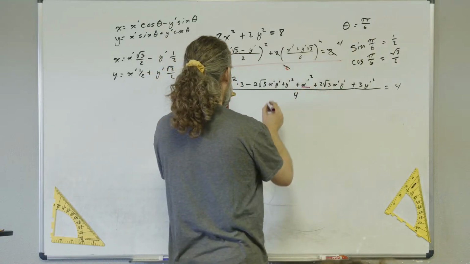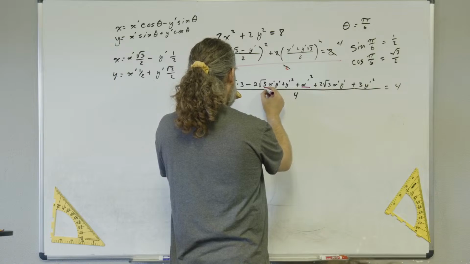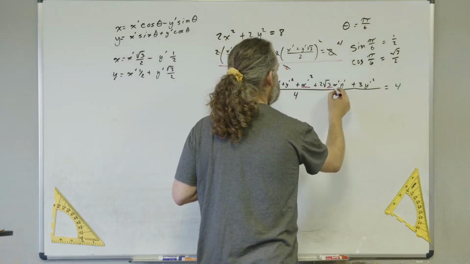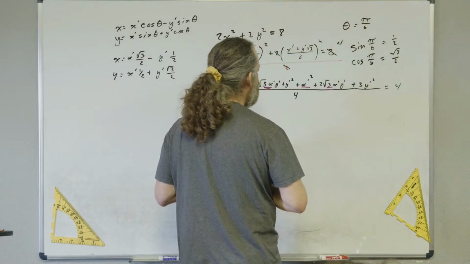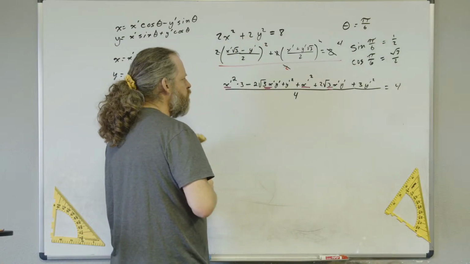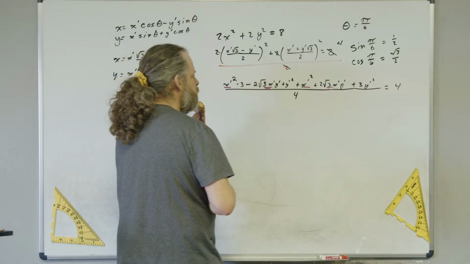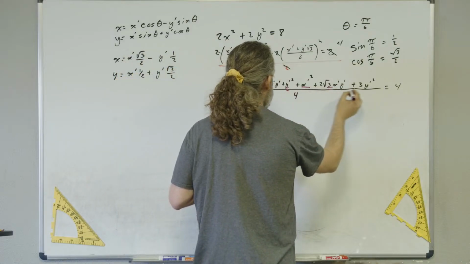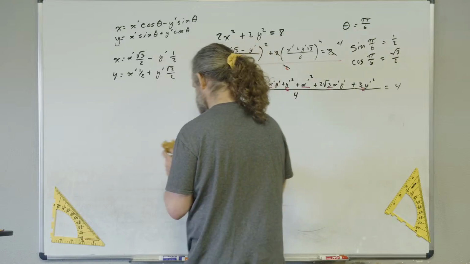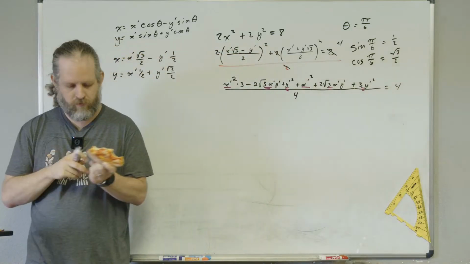We have 4x prime squareds, and then we don't have any xy stuff left because it canceled. Then we also have 4y prime squared.